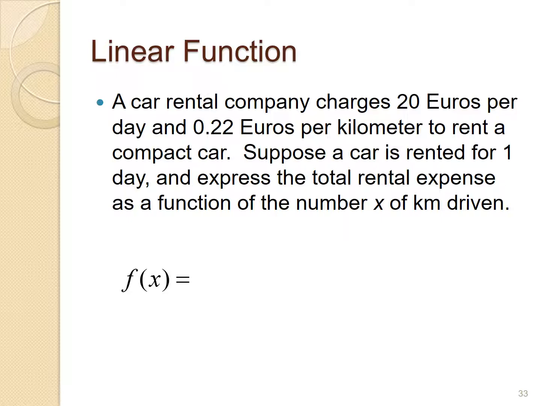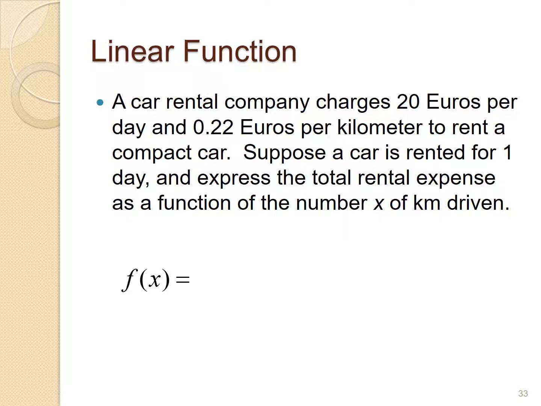Now, if the car is rented for 1 day, we want to find the total expenses. Well, how much is it going to be? The car rental, regardless of whether it's 1 day or 20 days, is 20 euros per day, and it is 22 euros per kilometer.